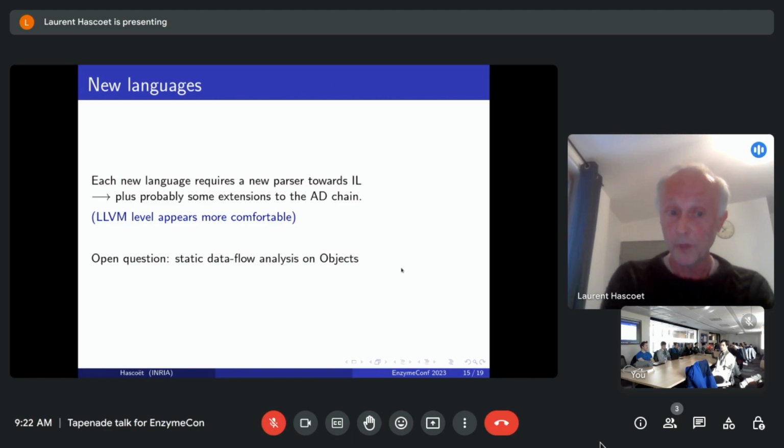You are probably much better off at the level of LLVM, you lucky guys. And if we want to do something about object-oriented languages, being a little too high level compared to LLVM leads to plenty of difficult questions about data flow analysis of really object code.